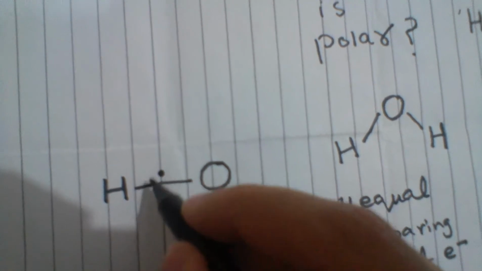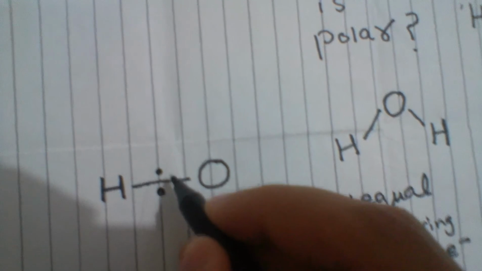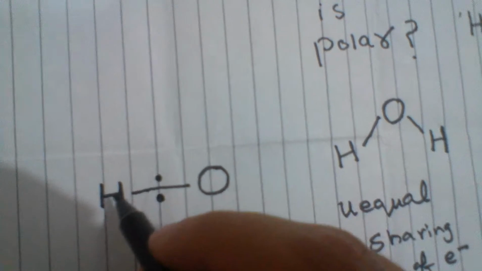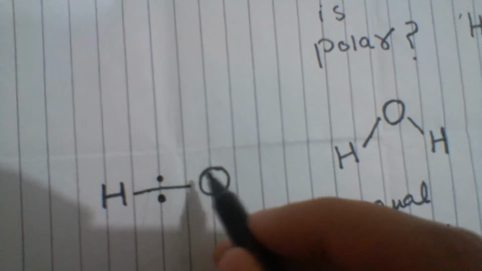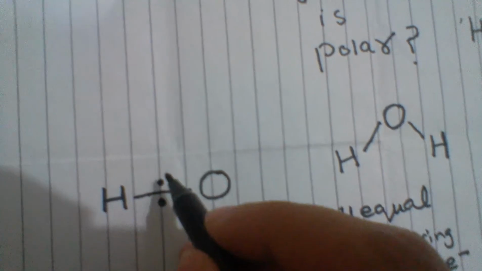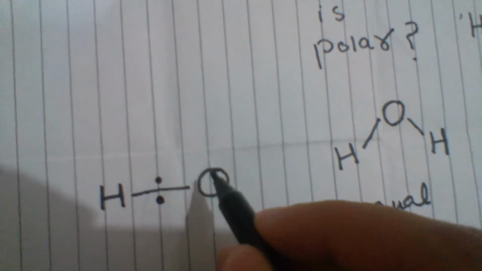So these electrons, in an ideal situation, are in the middle of the hydrogen-oxygen bond. So there is equal share of electron density in both hydrogen and oxygen.